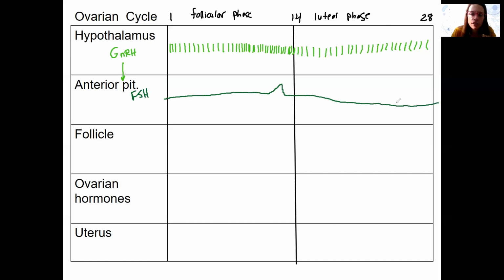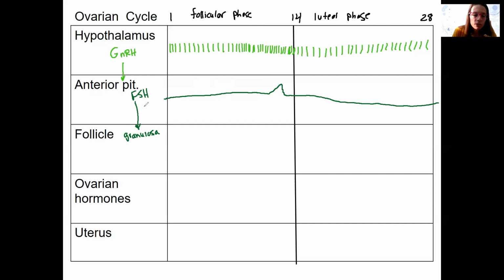We don't have follicles developing. FSH is going to trigger the granulosa cells to develop. Remember, those have to divide, get bigger, etc. So kind of makes sense that we want this hormone to increase as we are having that follicle develop.